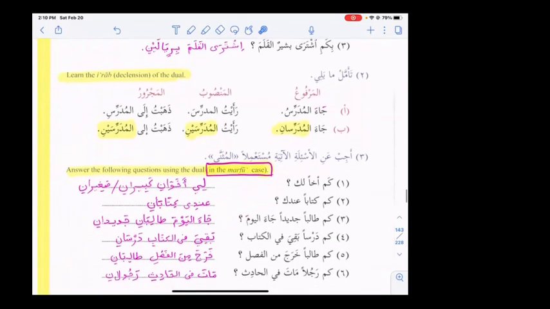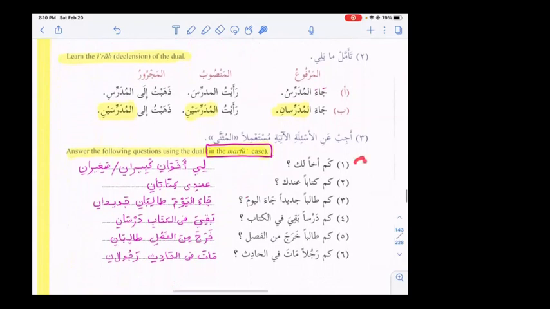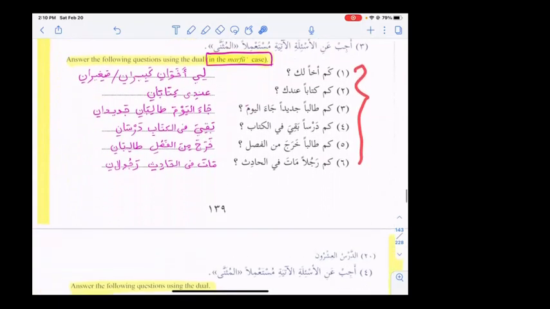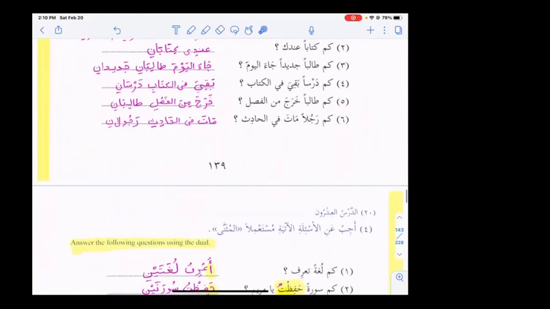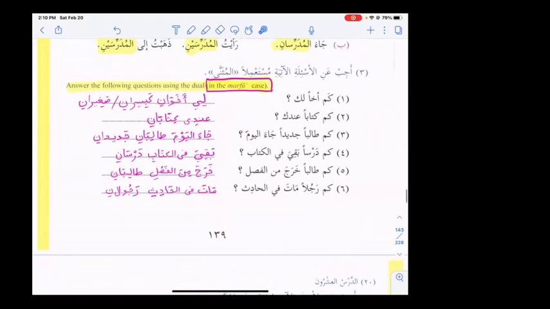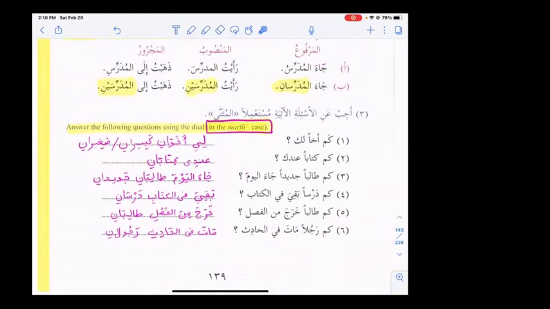Now here, this is something you should enjoy doing. Why? Because this is the marfu form. Everything is marfu from what we studied in lesson number 18. Kam akhan laka? How many brothers do you have?